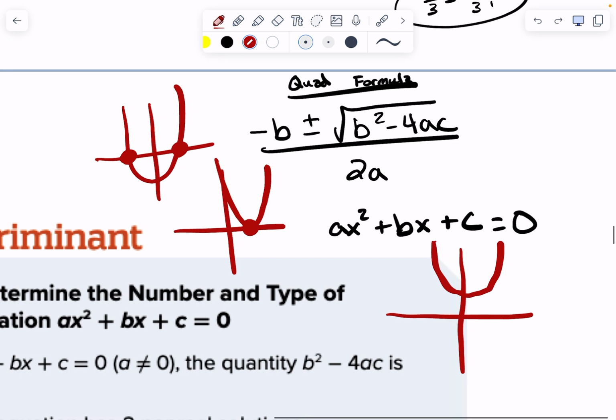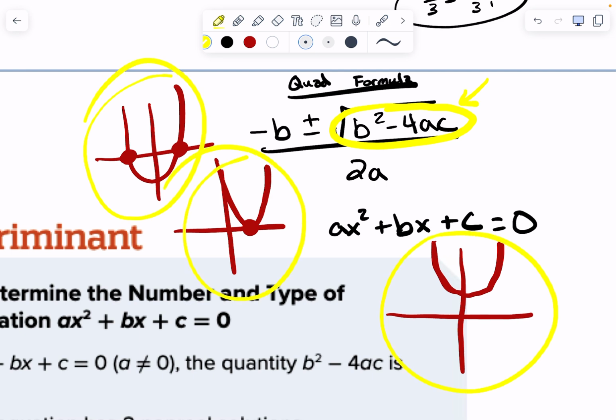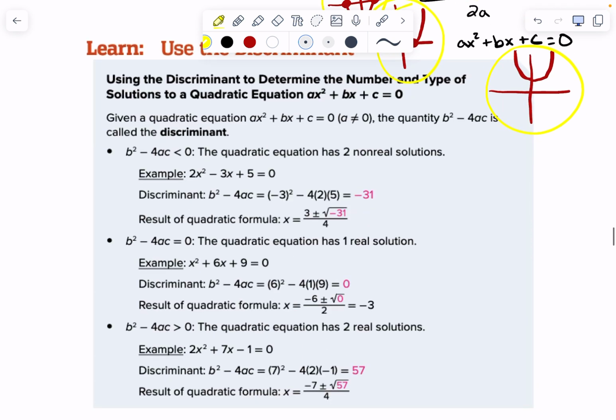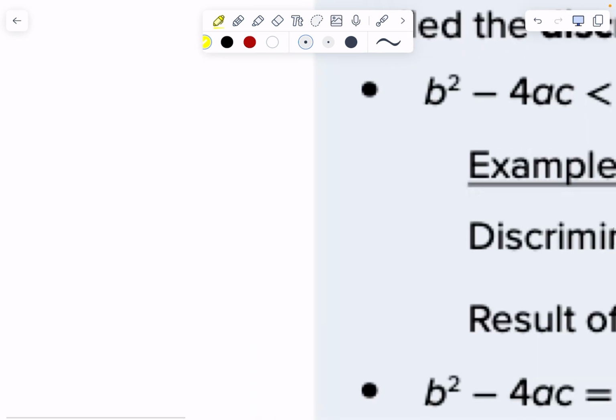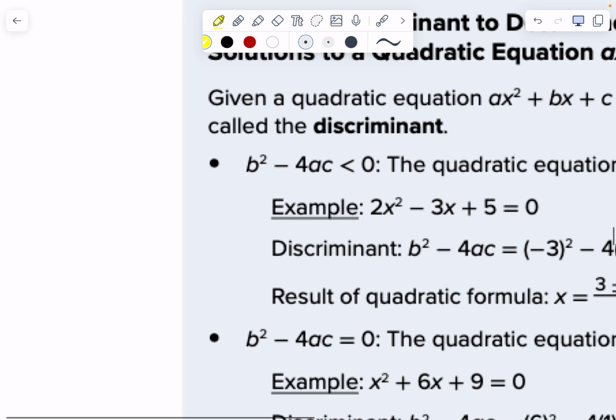Now, in this quadratic formula, you can plop stuff in here, and it will tell you which one is which. This thing alone will tell you which one of these 3 things is happening. Let me give you an example. Let's put these off to the side. b squared minus 4ac is less than 0.